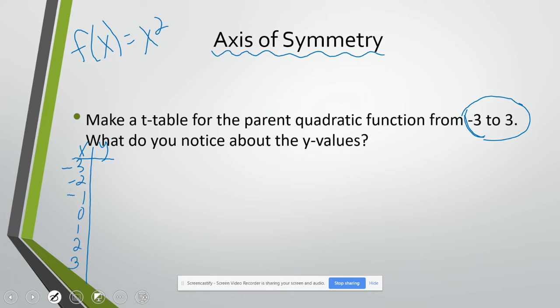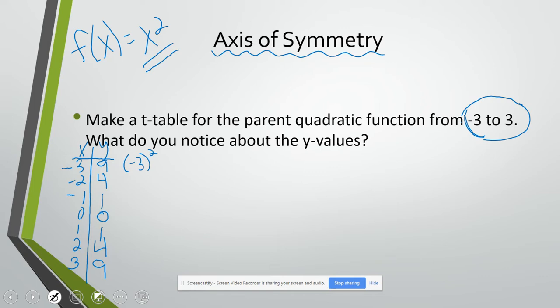And remember, we get our y values by plugging in our -3 to our parent function and squaring it. So -3 squared is 9. -2 squared is 4. -1 squared is 1. 0 squared is 0. 1 squared is 1. 2 squared is 4. And 3 squared is 9.